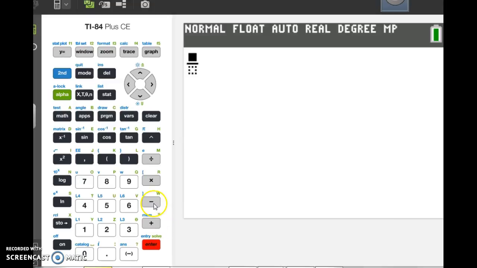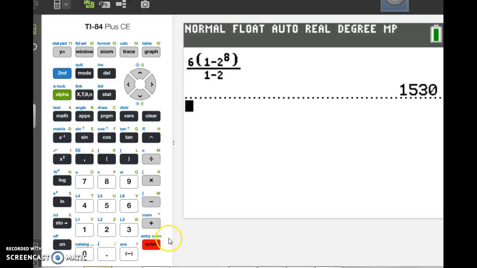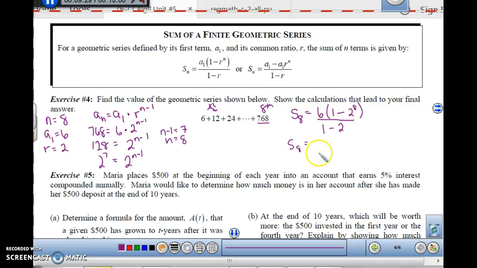It's going to be 6 times 1 minus 2 raised to the 8th, close your parentheses, divided by 1 minus 2. It equals 1530. So if I added the first 8 terms of this sequence, it comes out to be 1530. So there we go.